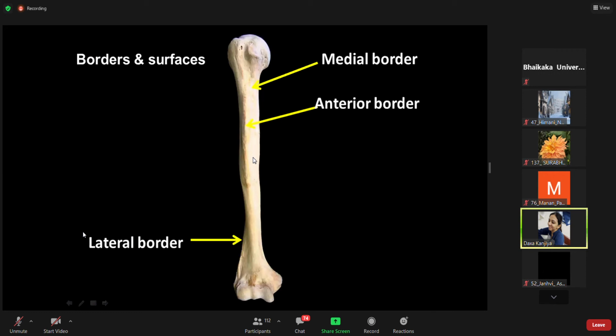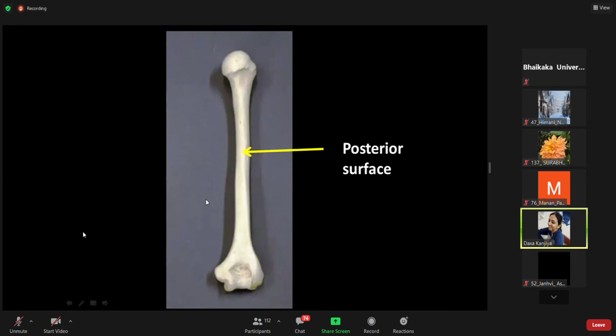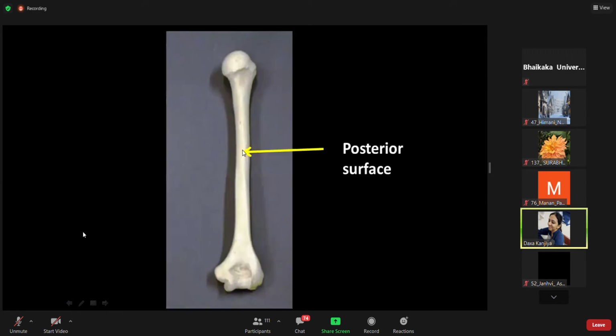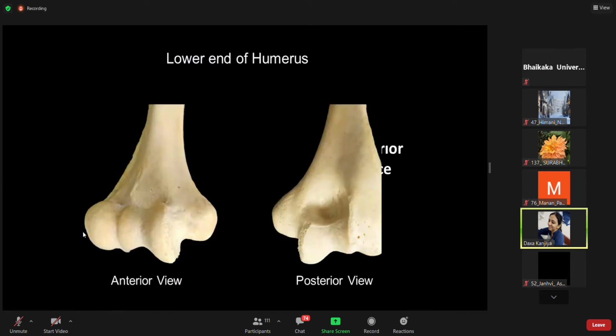And then the rounded anterior border. This is the posterior surface. And the surfaces include the anteromedial surface, the anterolateral surface, and the posterior surface.